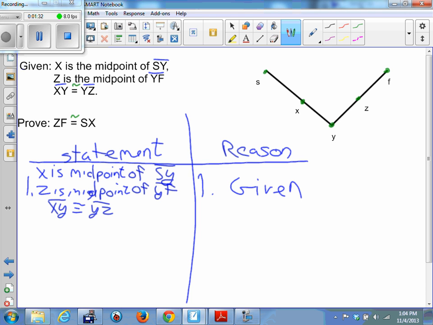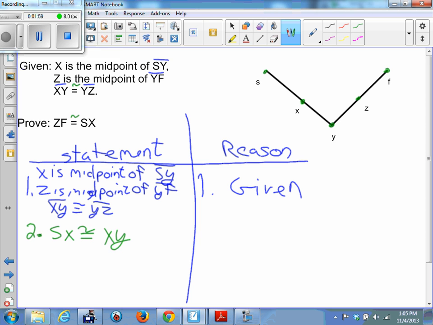Now we're going to break down some of these. Once I say midpoint, we always need to turn that midpoint into an actual equation or a congruent statement. So number two is going to be SX is congruent to XY.